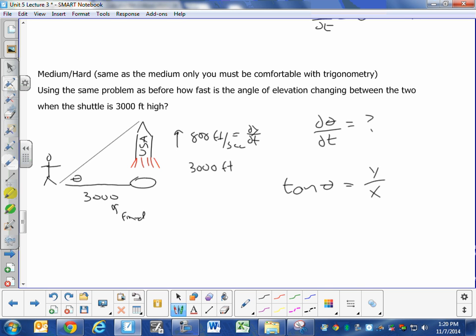But what can I do in that formula? y over 3,000. Make it an easier thing to work with before we take the derivative. Okay, we're not going to plug in this y of 3,000, because this is changing. But this x of 3,000 I will. Now I'm ready to take the derivative with respect to t.